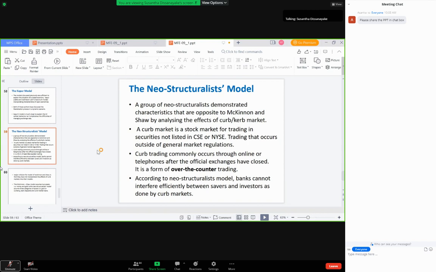The curb trading commonly occurs through online or telephones after the official exchanges have closed. So it is a form of OTC, over the counter trading. According to the neo-structuralist model, the bank cannot intermediate efficiently between saver and investor as done by the curb market.